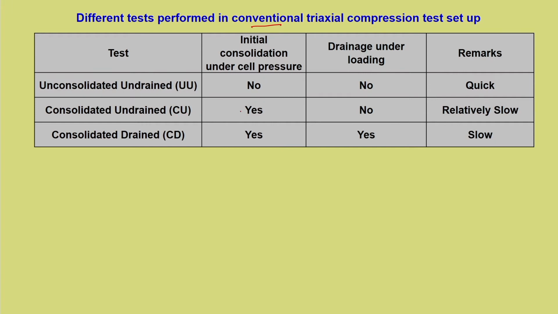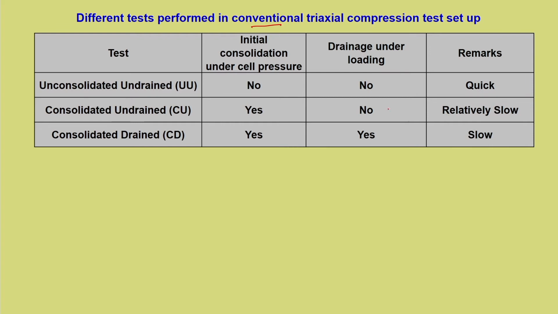So, as it is mounted, it may be saturated and then the load is applied without any drainage and consolidation. In consolidated undrained, CU, there is initial consolidation, which means that some changes happen to the soil sample during the consolidation phase. That is, confinement is applied and then the drainage valve is opened so that water moves out and consolidation can happen.